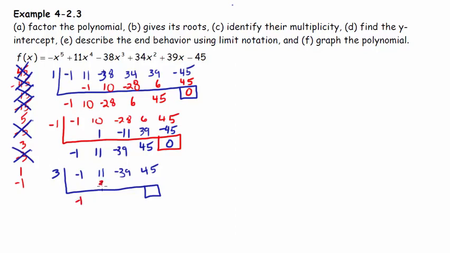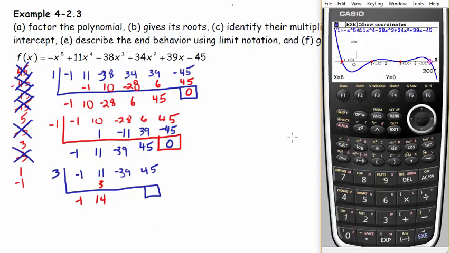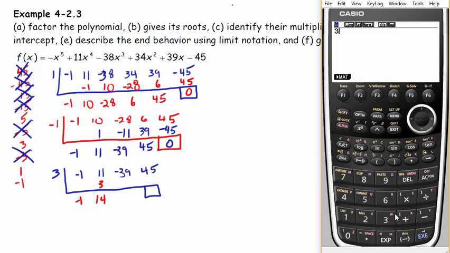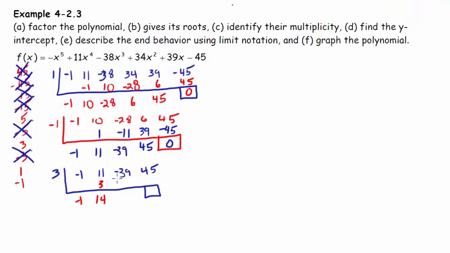Multiply here and get 3, add and get 14. Alright, then 3 times 14 is that 52? No, 42. Okay, I'm going to add here.